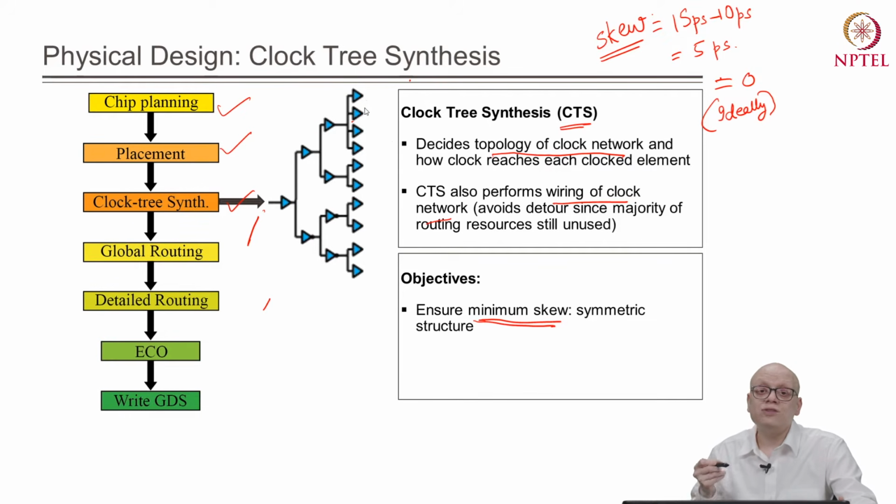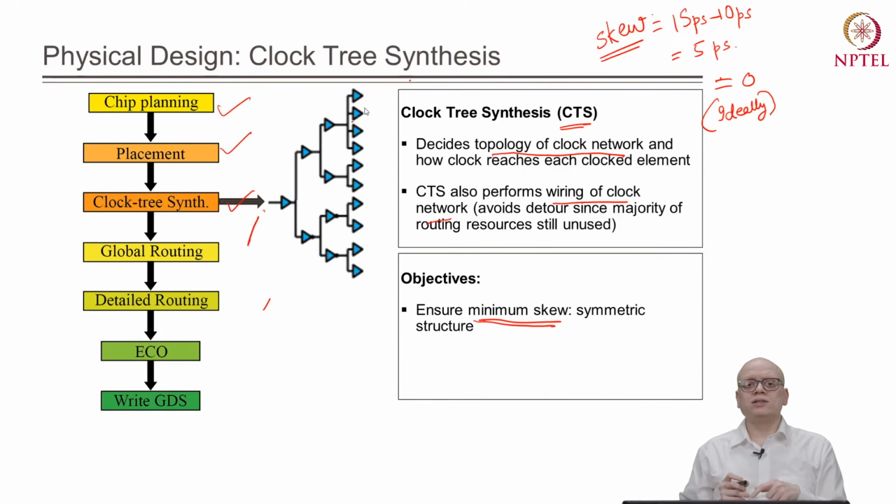Ideally, if it is totally symmetric, then the clock skew should be 0. Nevertheless, the skew can be some non-zero value because of process induced variations and other things also. But during the design stage, clock tree synthesis tries to make the clock tree as symmetric as possible to minimize the clock skew.